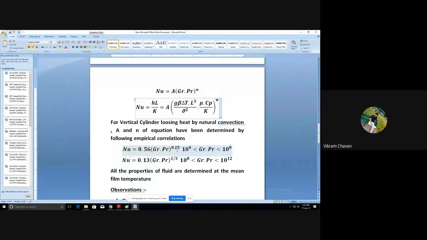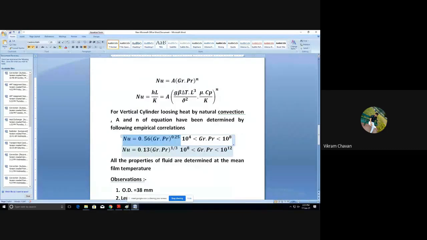We use this equation if the product of Grashof number and Prandtl number is between 10 raised to 4 and 10 raised to 8. But if this product is greater than 10 raised to 8 and less than 10 raised to 12, then we have to use the equation Nu is equal to 0.13 multiplied by (Grashof number multiplied by Prandtl number) raised to 1 by 3.